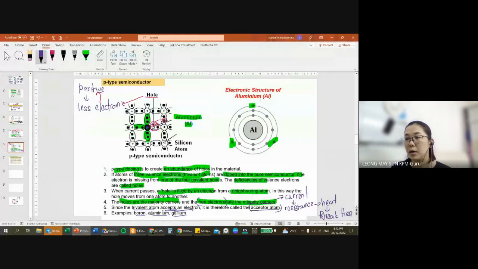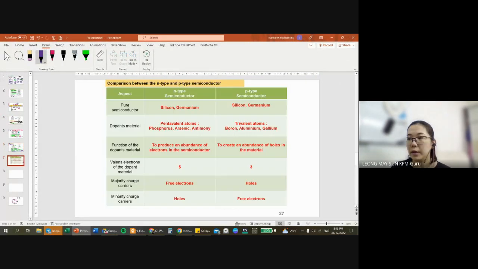All right, good. Let's have a quick summary. The pure semiconductor is either silicon or germanium. The dopant for N-type is a pentavalent atom.